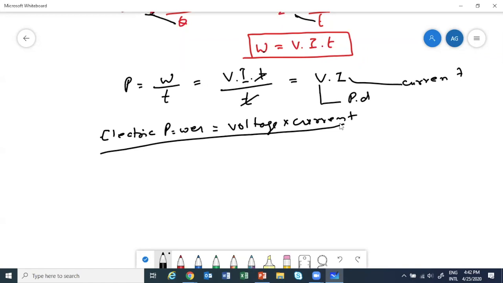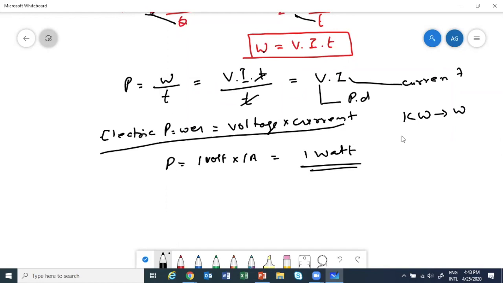If the voltage is one volt and the current is 1 ampere, that means 1 watt. Now kilowatt to watt is like kilogram to gram, so 1 kilowatt is 1000 watt. Remember this?